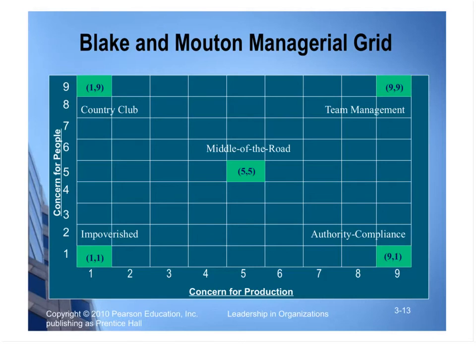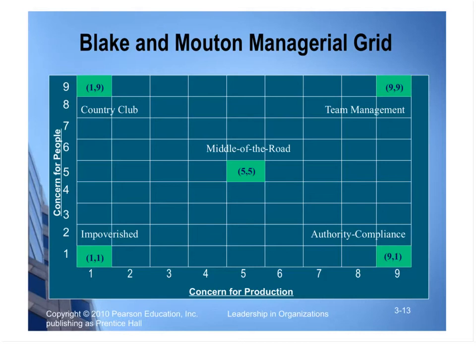In team management, you have very high concern for people and high concern for production. This is like the total quality management type of company. This is like Toyota. You see the team management happening. Every team is managing together, coaching each other, and helping each other out. So that is team management.